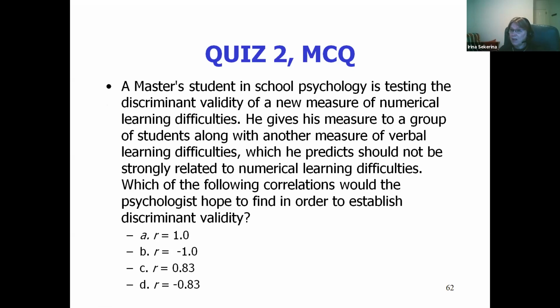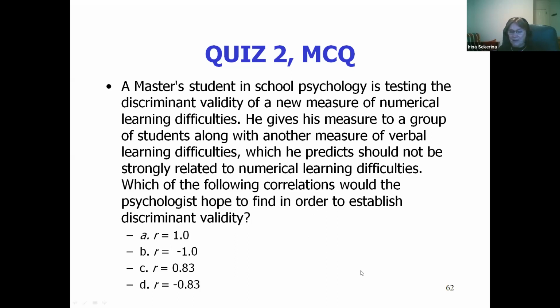Should they be positively related, or should they not be related at all, or negatively related? If it's discriminant, Jenny, you know the answer. Well, we don't have the word negative for validities, right? So in terms of correlations, should it be, yes, you said negative in terms of correlations, right?